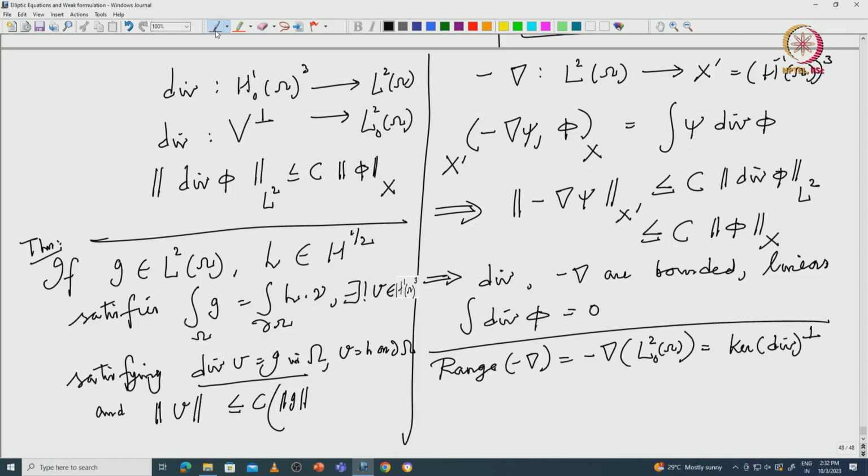My notes say something else, this will be H1 of omega cube. Okay. And in L2 plus the norm of H in H half.